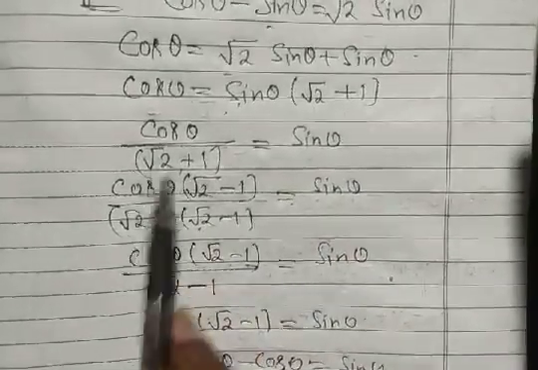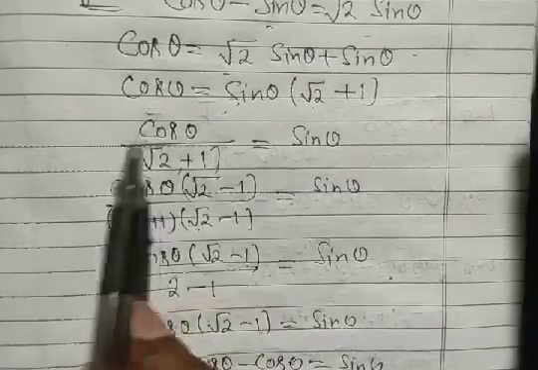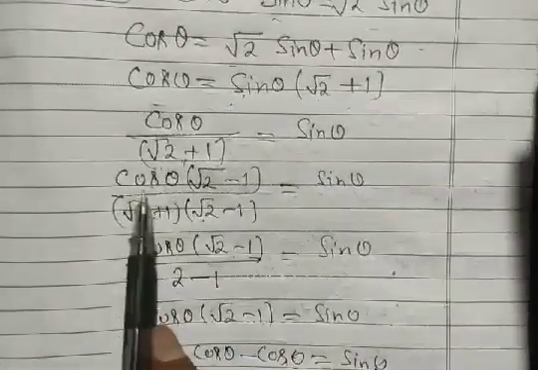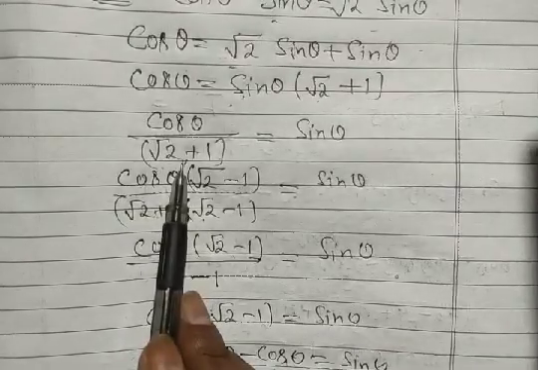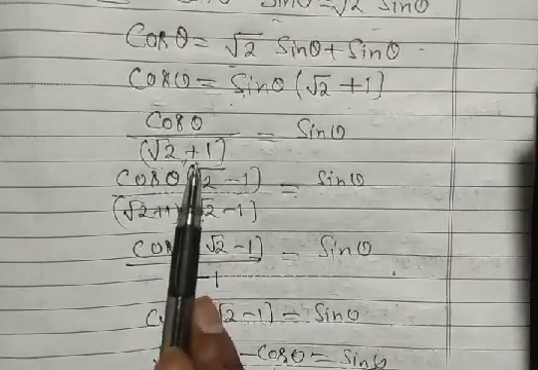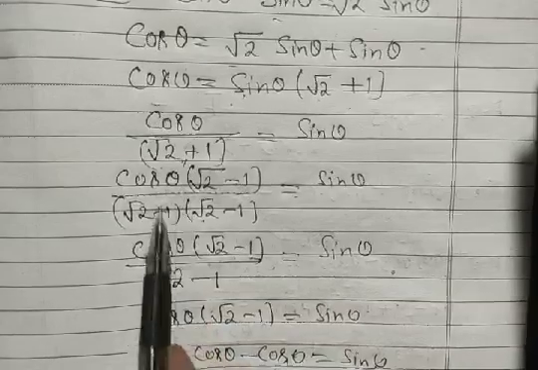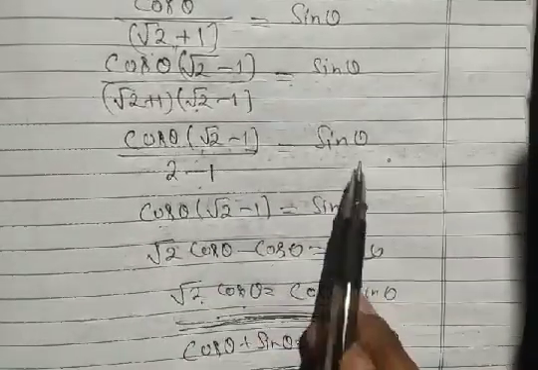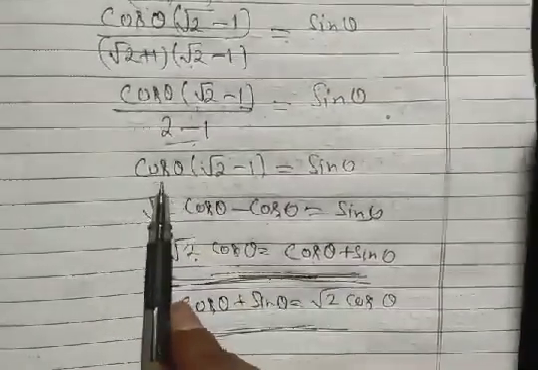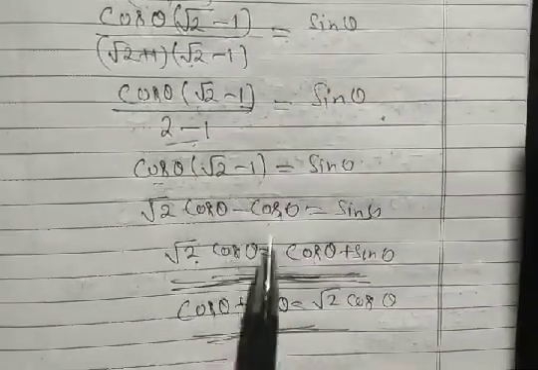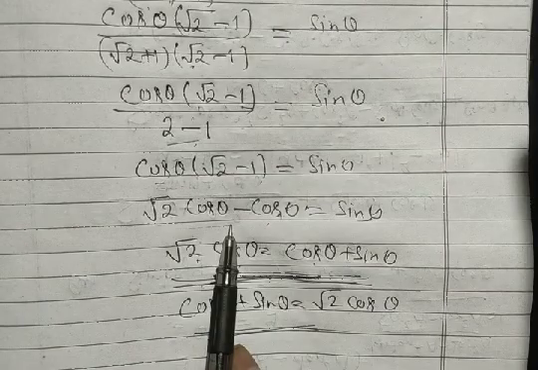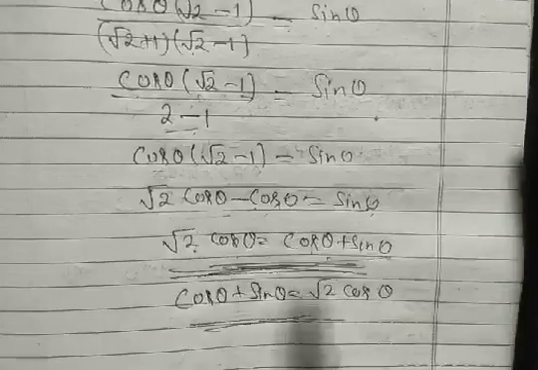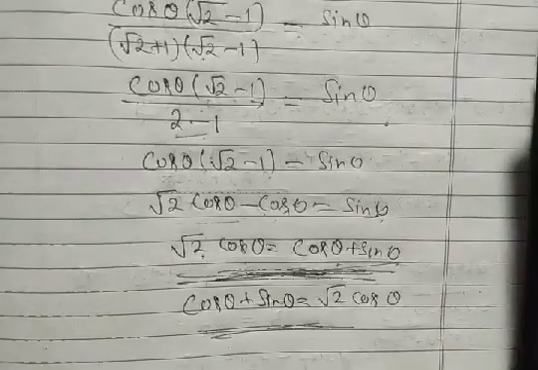Then it's irrational, so we rationalize it: to rationalize the denominator we multiply by root 2 minus 1. After solving we get cos theta times (root 2 minus 1) divided by 2 minus 1, which is 1. Then we multiply cos theta in the bracket, and get root 2 cos theta minus cos theta equal to sin theta. Then shifting cos theta to the right, we get our required result.